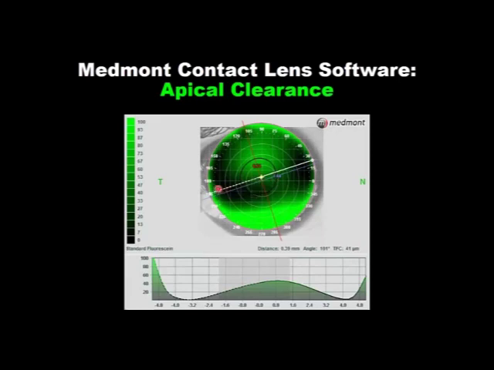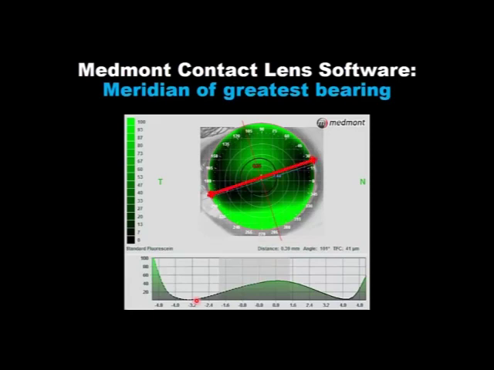Now also we want that lens to land in the mid-periphery to create stability of fit, also to reduce the lateral movement. And we're seeing a lens that lands at approximately 230 and around 830. So this looks good.